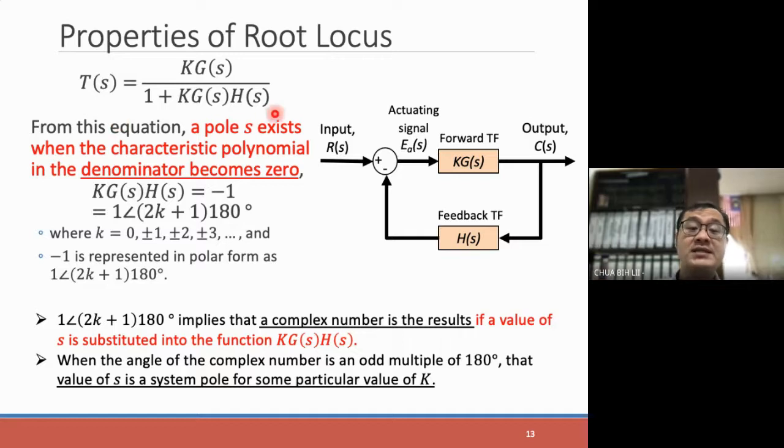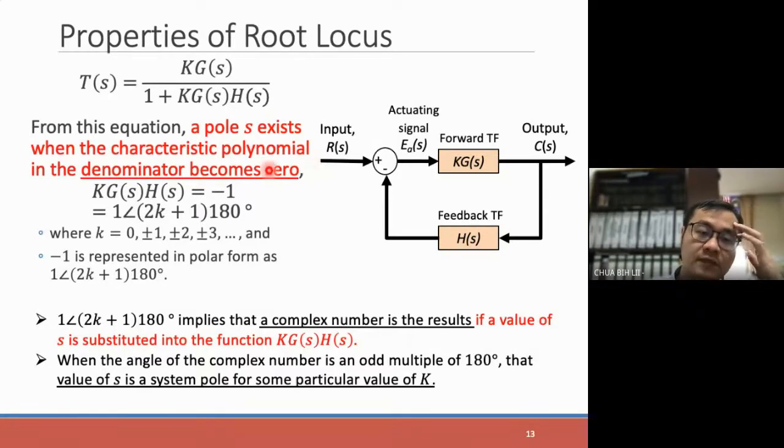So we call that the characteristic polynomial. When this characteristic polynomial becomes zero, then a problem will occur, right?